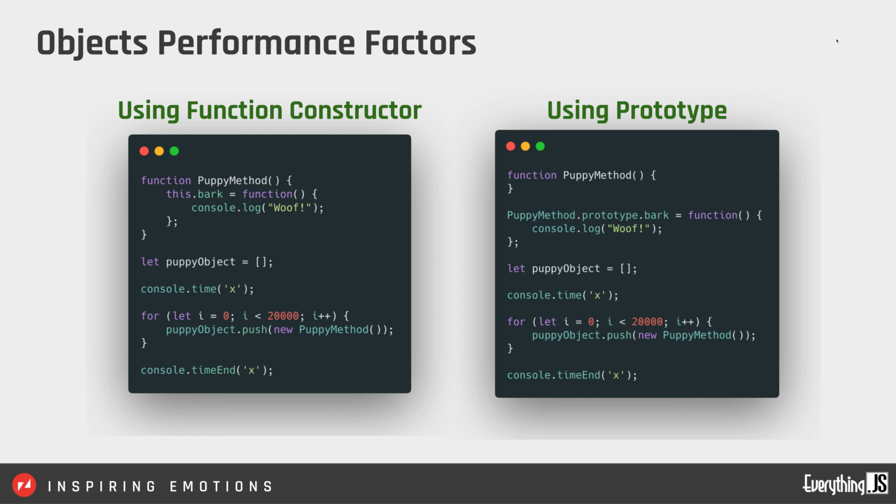But in the second approach, it will create only one reference of bark, since we have it in the prototype. That makes a big difference, right? If you are working with POJO classes and doing these kinds of things, keep in mind this will be a big performance optimizer.